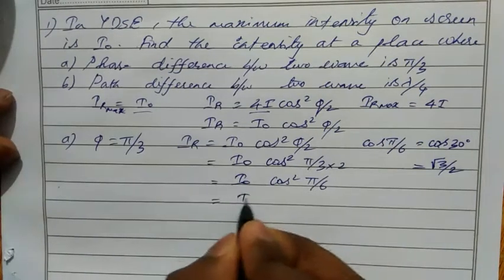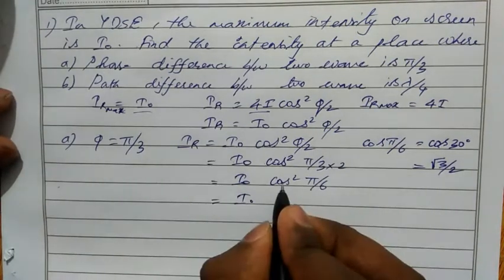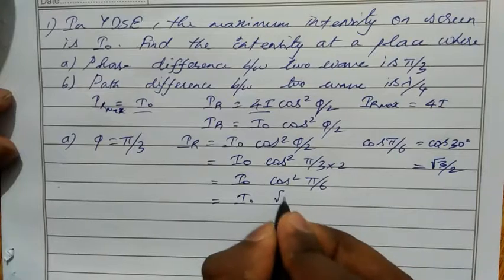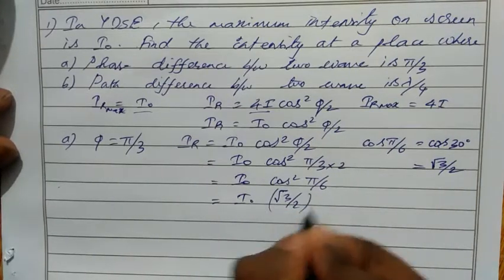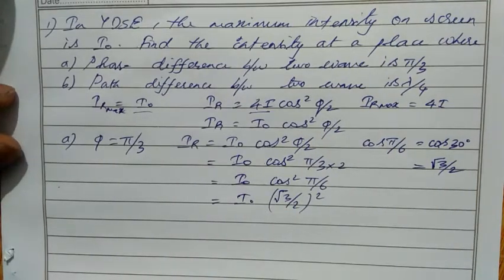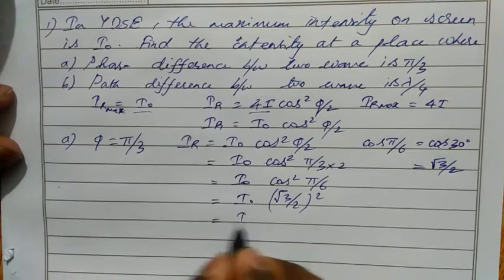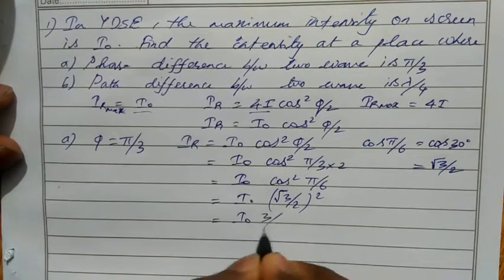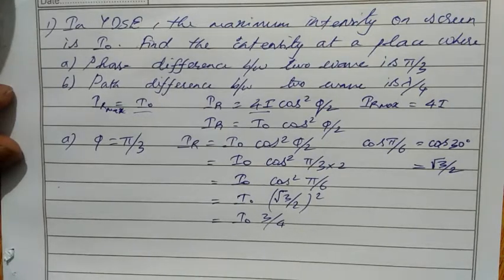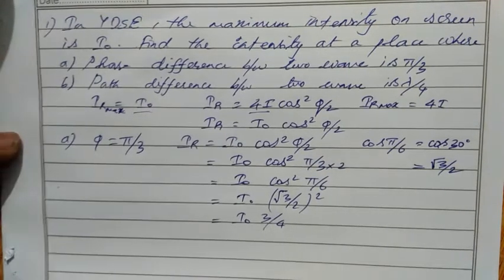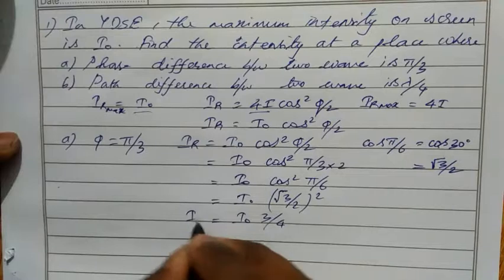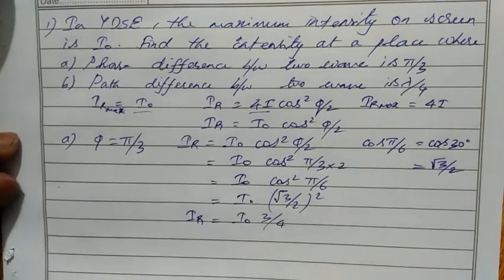So here we get I naught, here we have cos square, so root 3 by 2 whole square. Then root 3 square becomes 3, and 2 square will be 4. So I naught 3 by 4. So this is our intensity when we take phi equal to pi by 3.